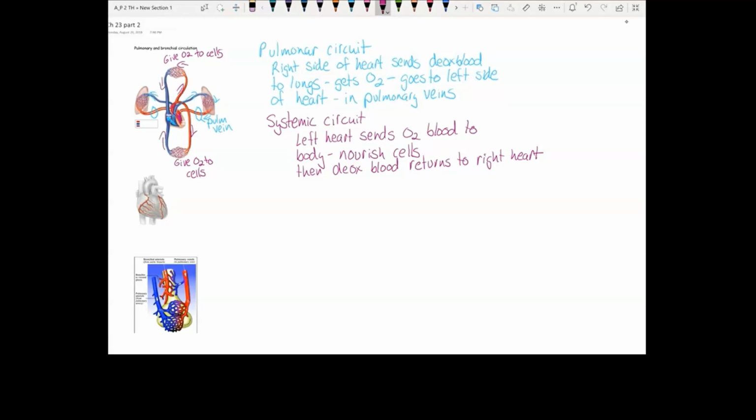Now, also remember from chapter 19, we talked about coronary circulation. So here is that picture of those coronary arteries. Remember these? They branch from the aorta and they take oxygenated blood to the heart.